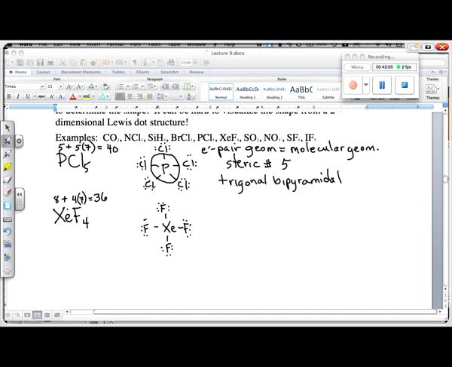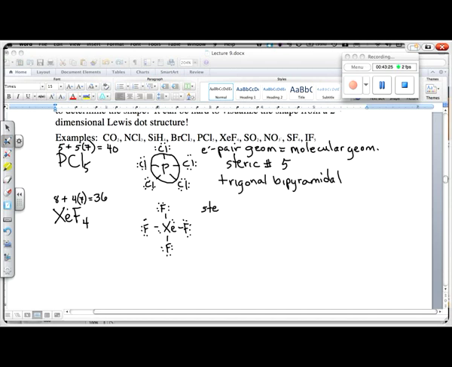Now xenon is way below the third row, so I don't have enough. So I'm going to add 2 more sets of lone pairs to the xenon to give it a total steric number of 6. 6 groups of electrons, 4 bonds, and 2 lone pairs.